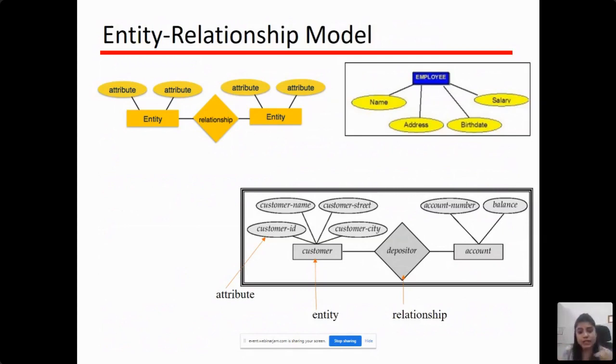Here the customer has the attributes customer ID, name, street, city, and account has the attributes account number and balance. And this depositor becomes the relationship between the two entities, customer and account.